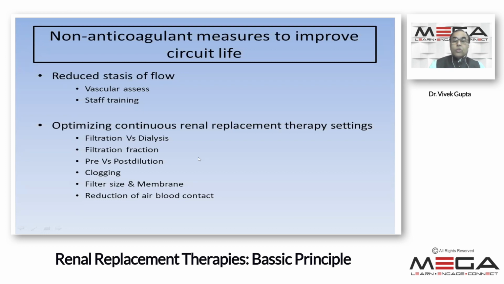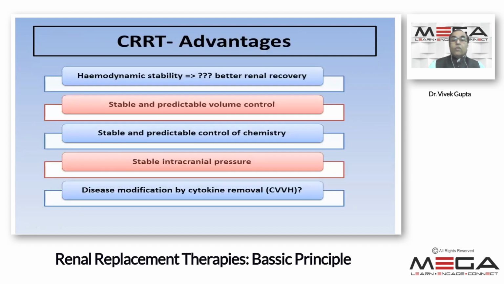So pre and post dilution should be adjusted. Your filtration fraction should be less than 25, and any air bubble in the circuit should be very quickly removed, or you should ensure that your circuit priming is very good, and this is how you can improve the filter life.